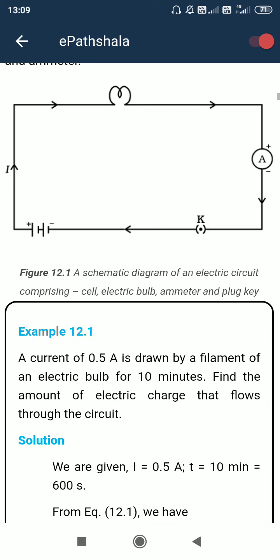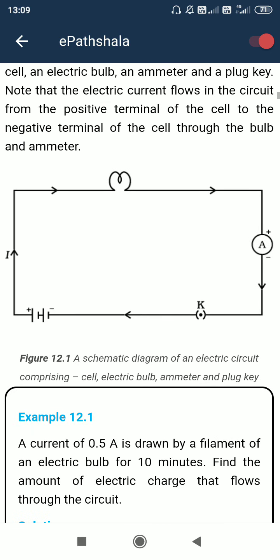Okay, so see here, current is flowing from the battery's positive point to the negative point, but actually the electron movement is from the negative point to the positive point. The negative point has much more electron accommodation than the positive end.